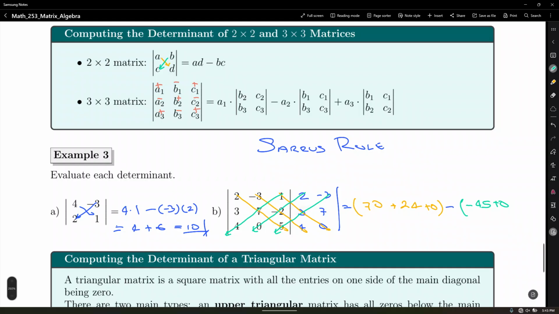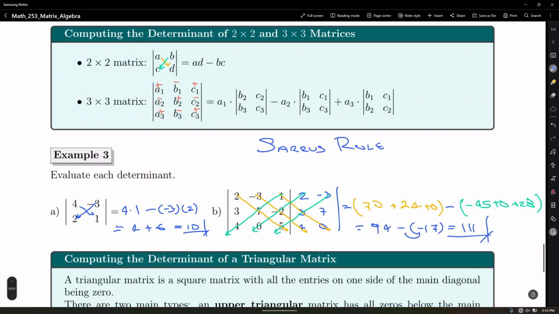And 4 times 7 is 28, times 1, that's 28. Simplify each group first. 70 plus 24 is 94, and negative 45 plus 28 is negative 17. Combine these together, 94 minus negative 17 is 111.